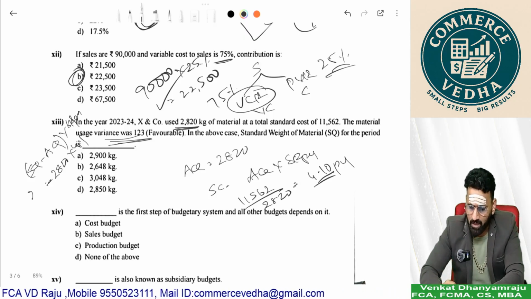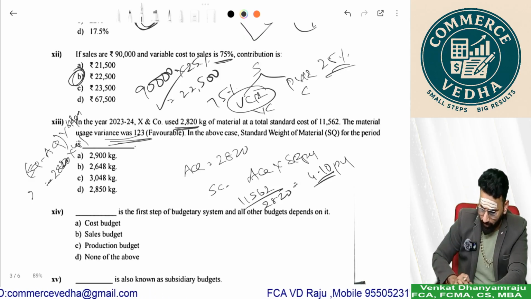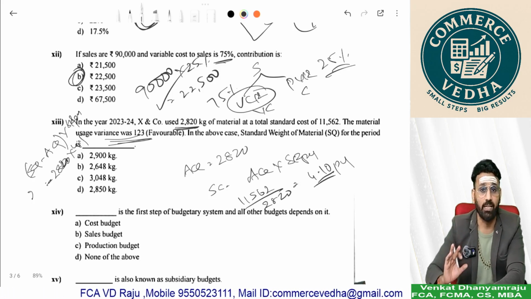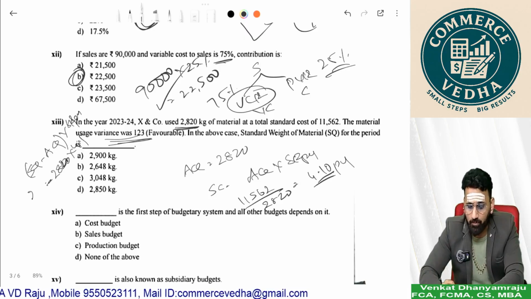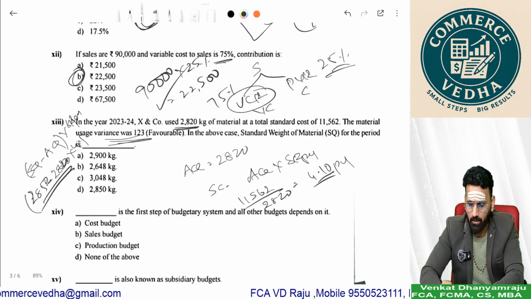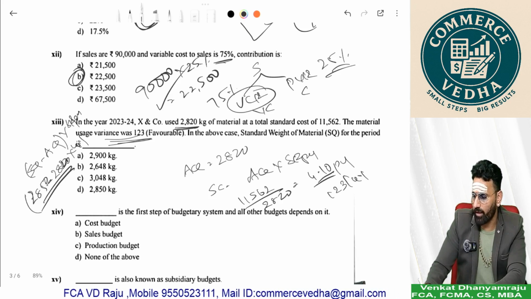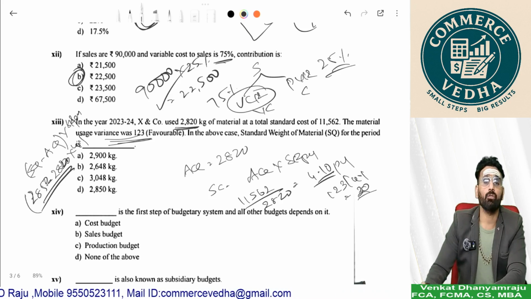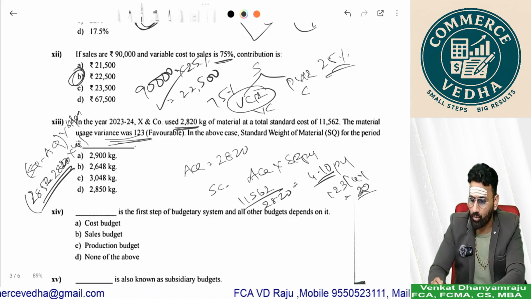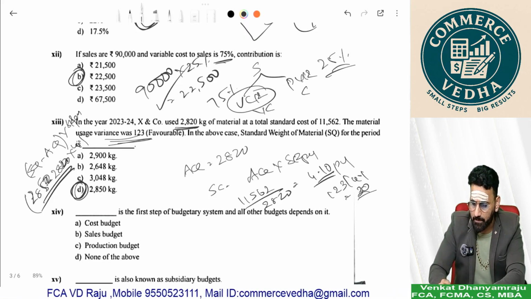If you want positive, it means you need to add. So 4.1, 123 divided by 4.1 is 30. So you should have 30 units more than actual. So standard is 2850. Right. So 123 by 4.1, you get 30 units. Actual is 2820. Standard should be 2850. So the answer is D.